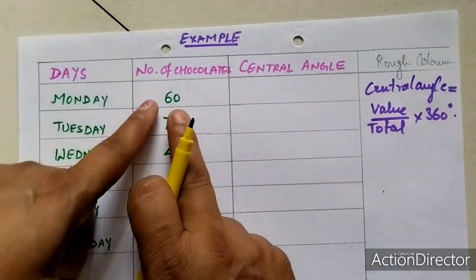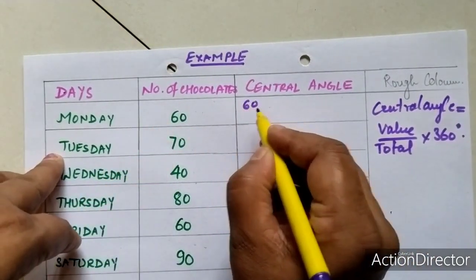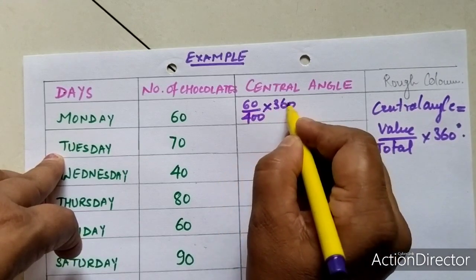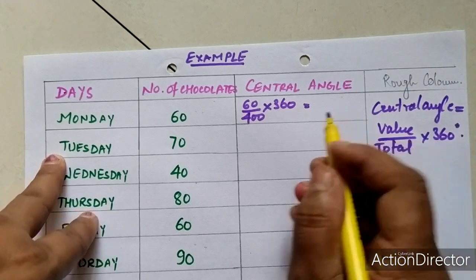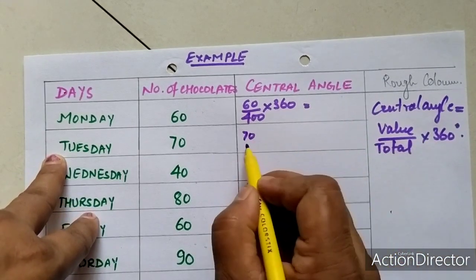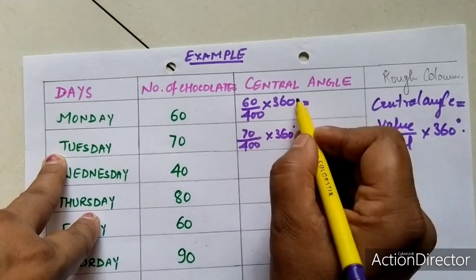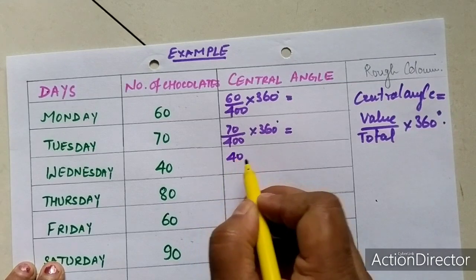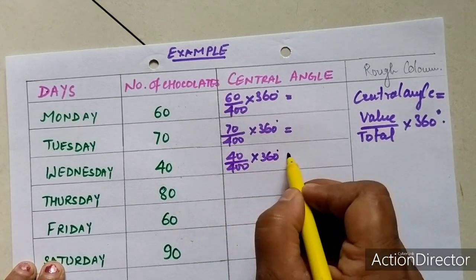So I am writing here for 60. Now see, we are going to write in this way: 60 upon 400 into 360. Whatever answer comes, you have to write in degrees. Similarly, 70 by 400 into 360 degrees. After that, 40 by 400 into 360.